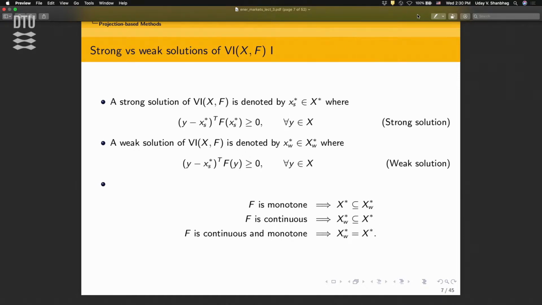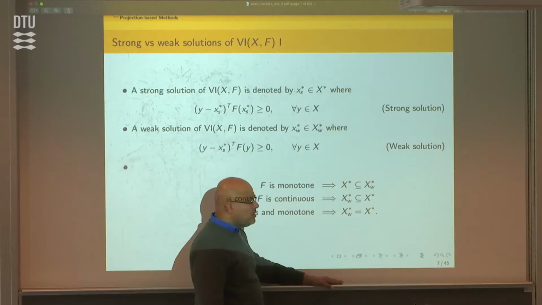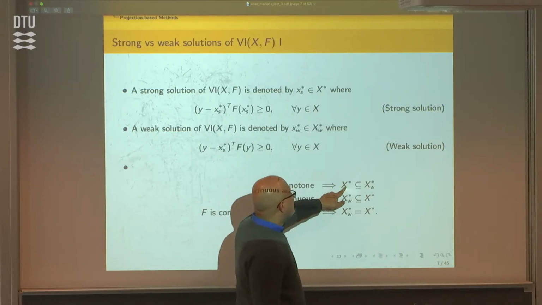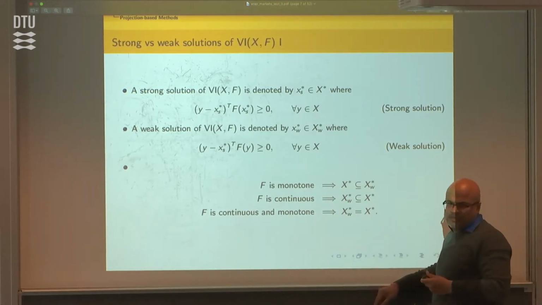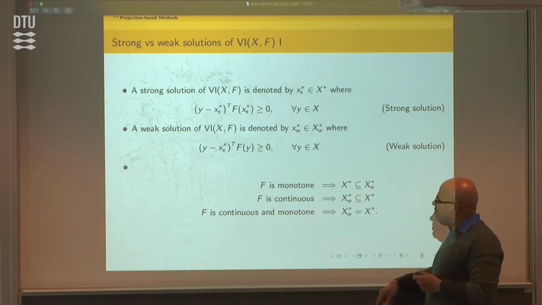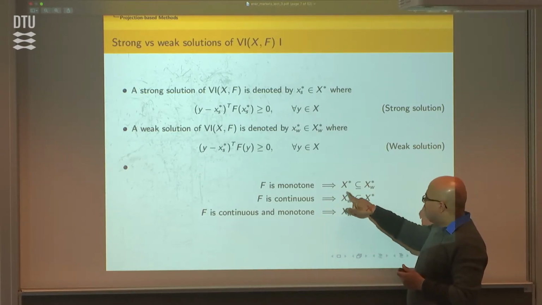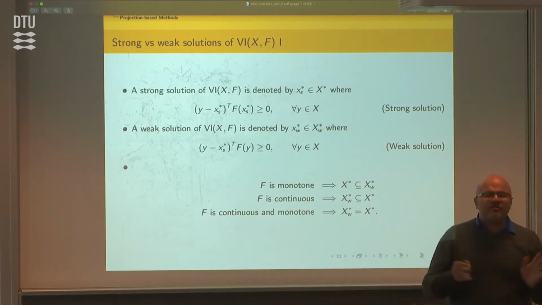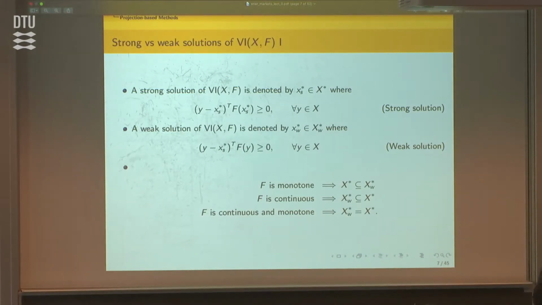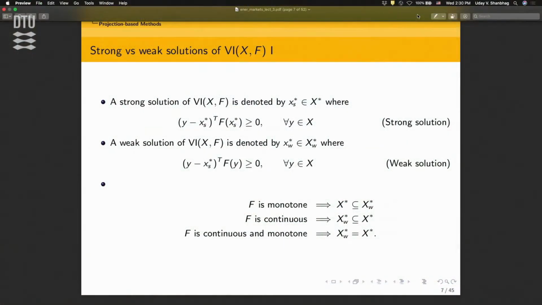A weak solution is a strong solution if and only if that holds. But in general, the solutions to one and the other are not the same. If you're looking at monotone maps, we're interested in strong solutions, and there are weak solutions that are not strong solutions. Similarly, if you're interested in continuous maps, with weak solutions the set is smaller. So think of it as a modified problem, which gives you another solution. These solutions coincide when the map is continuous and monotone, in which case you can use either definition.